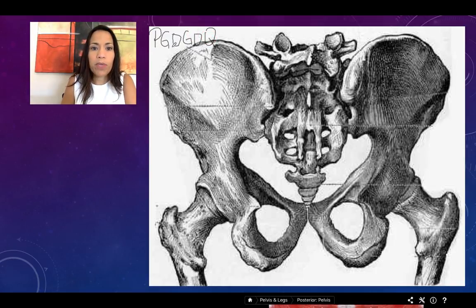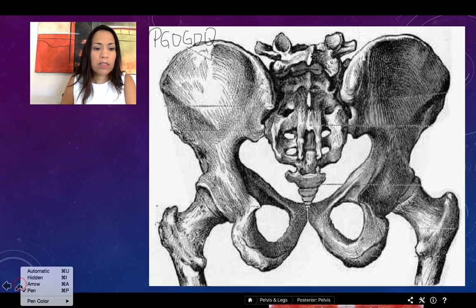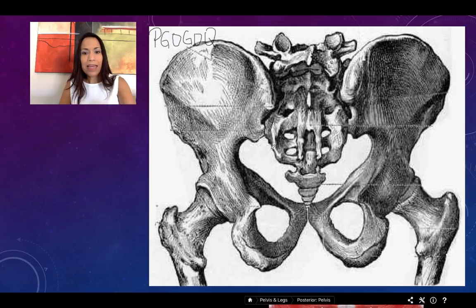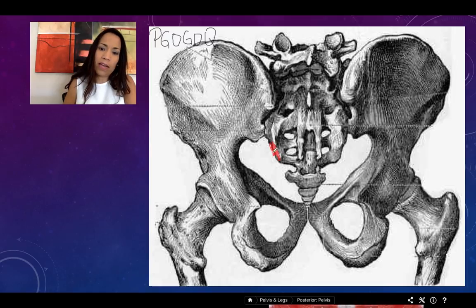So remember, P, go, go, Q. So let's start with the first P, which is piriformis. Now, again, this is a posterior view, but piriformis originates on the anterior side and lateral side of the sacrum, like about here, okay?